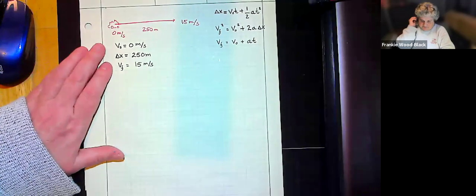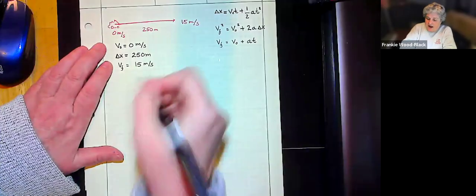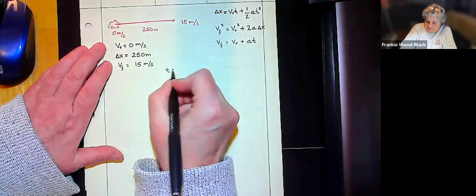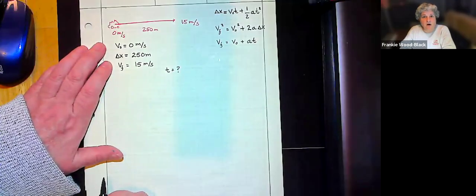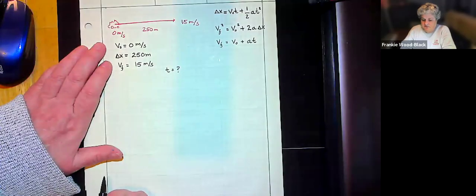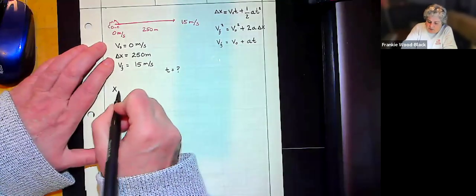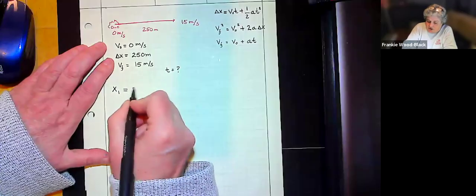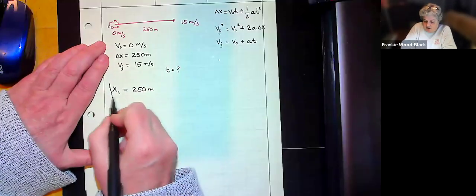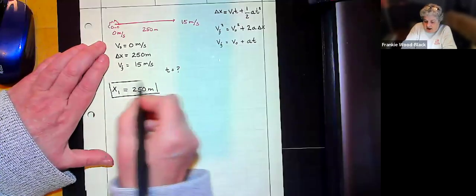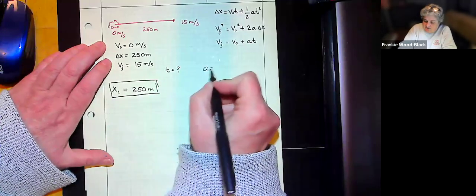All right? So we've got some interesting things here. We don't have time, but we're going to need time for our problem. We have our position. For this part of the problem, our distance was 250 meters. We're going to need that later, so we're going to write that out there. But I need time, and I don't have acceleration.